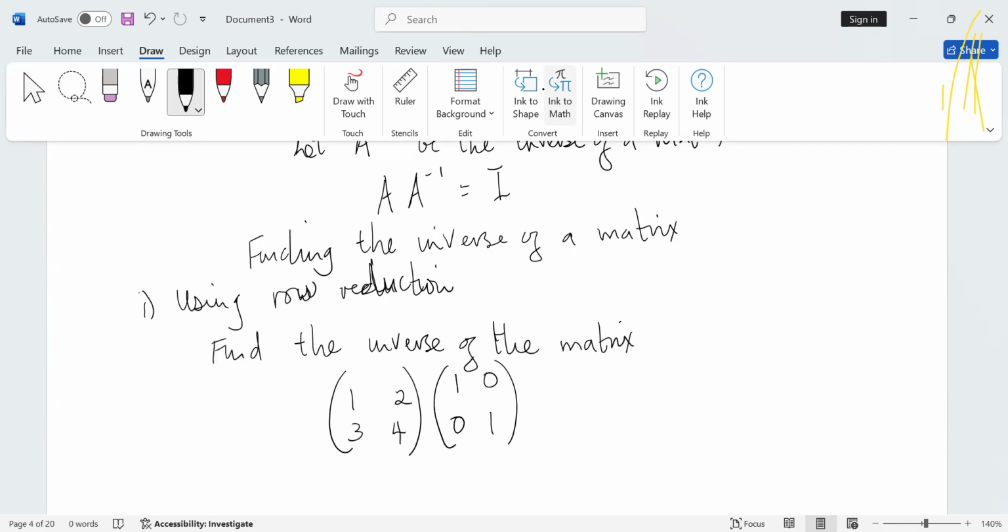As you reduce this to this, what you get here is the inverse of that matrix. We want to reduce that one to 1, 0, 0, 1. In the process, what reduces it to 1, 0, 0, 1 is its inverse, because a matrix times its inverse gives you an identity matrix.